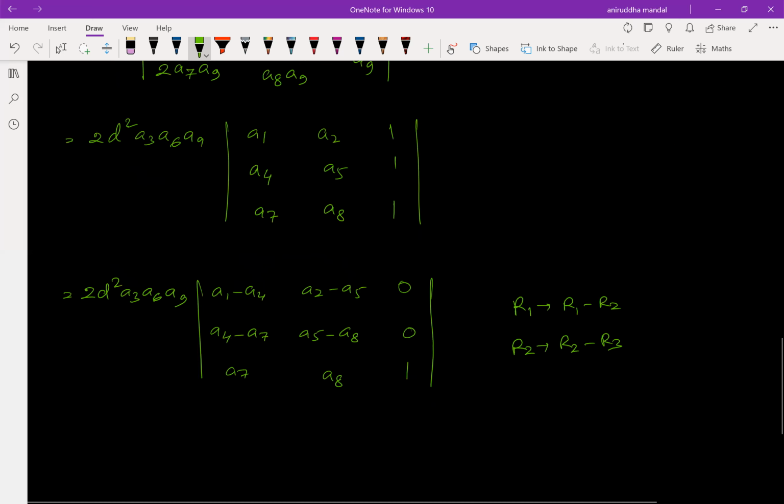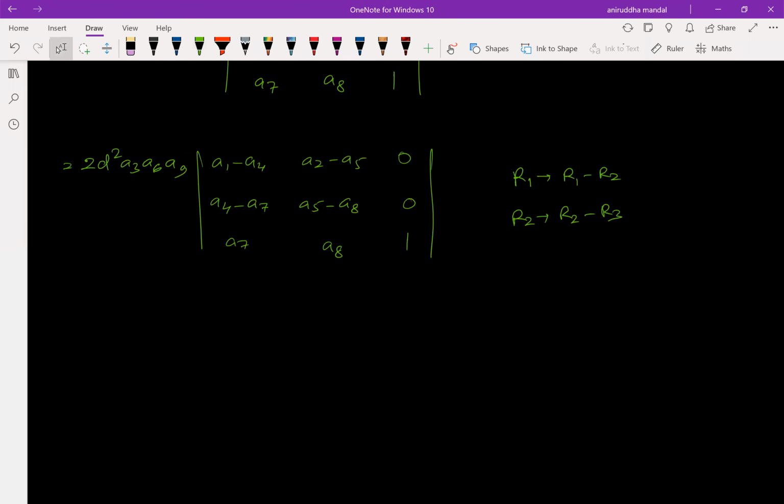Now we can open this determinant from the last row.